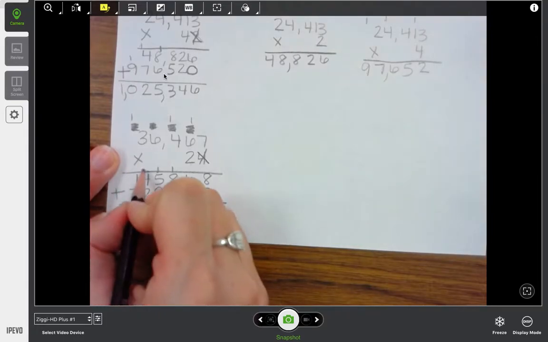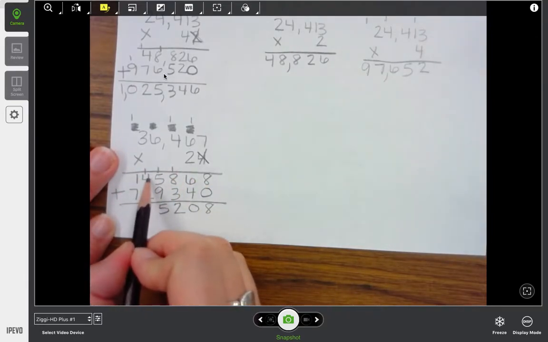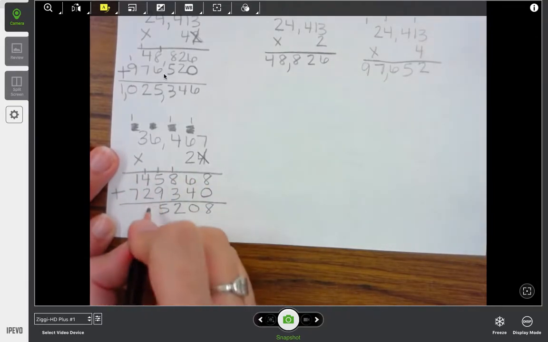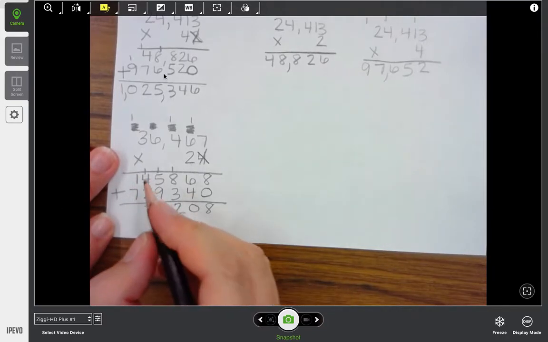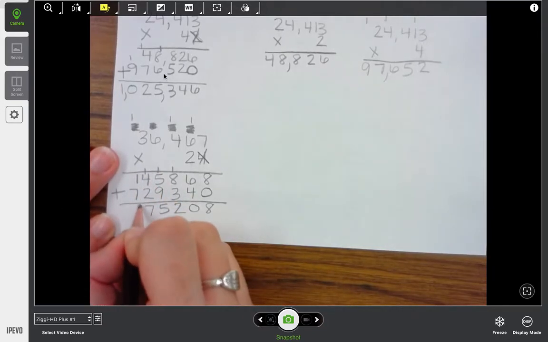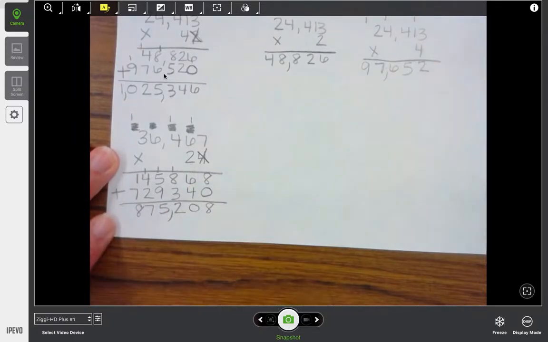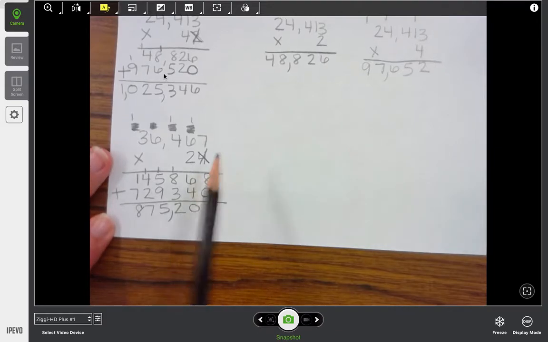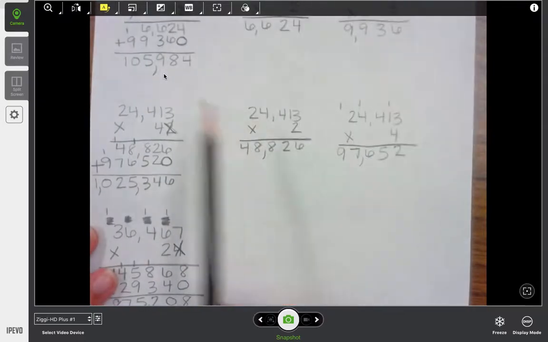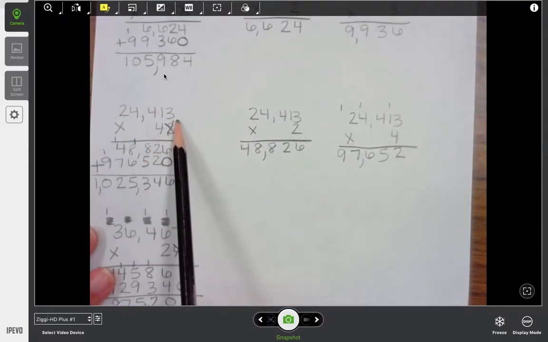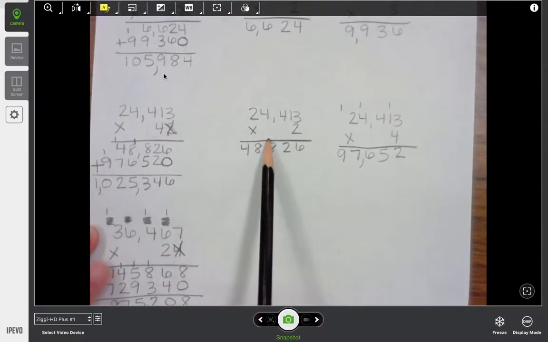Put my 5, I carry my 1. 4 plus 1 is 5, plus 2 is 7, and then 7 plus 1 is 8. So my answer here was 875,208.